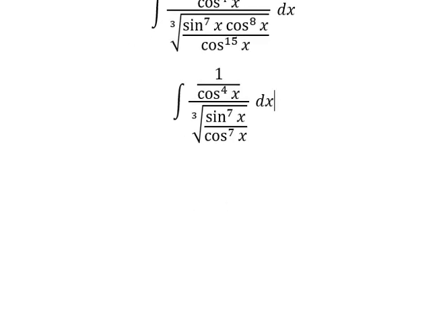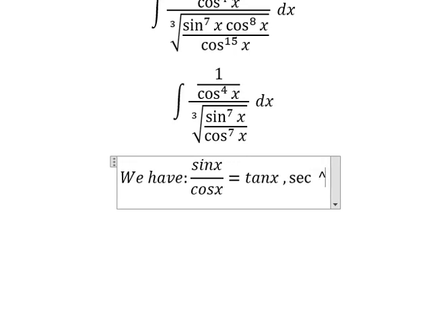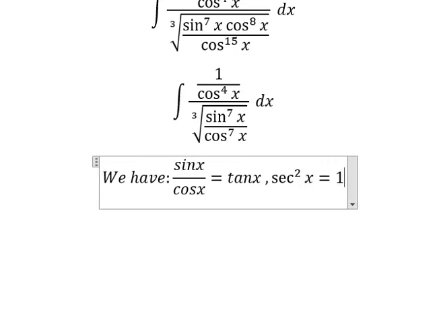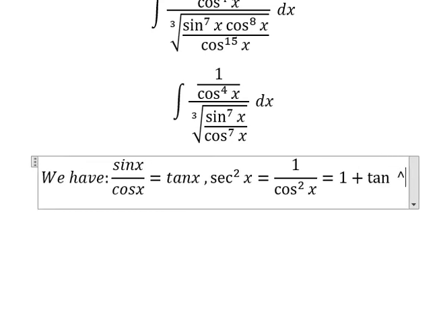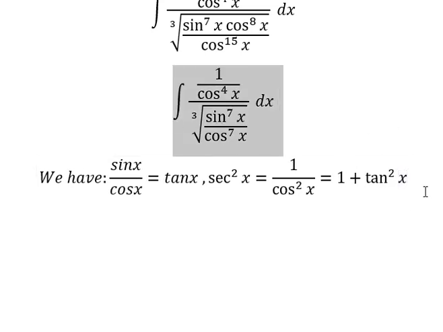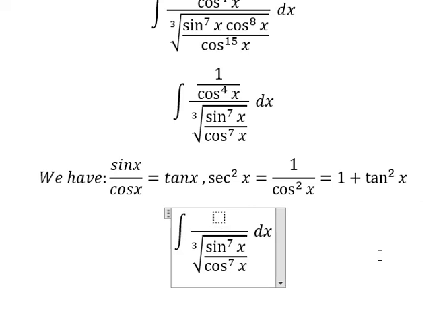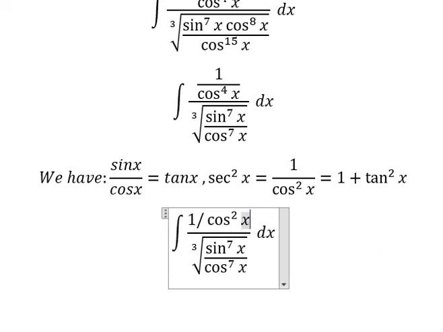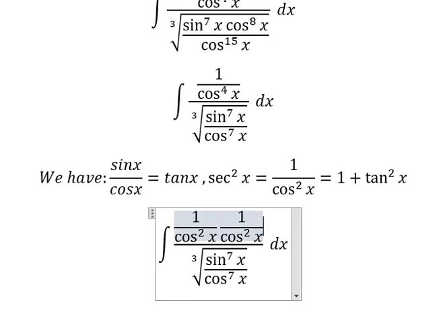So we have the formula in here. So this one we can put 1 over cosine x squared multiplied by 1 over cosine x squared.